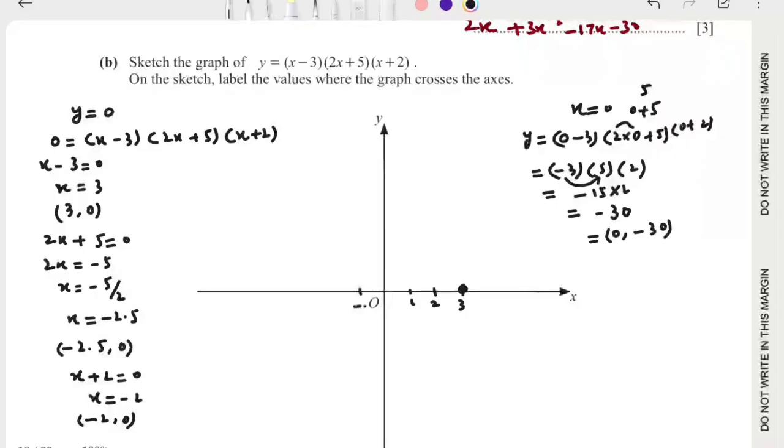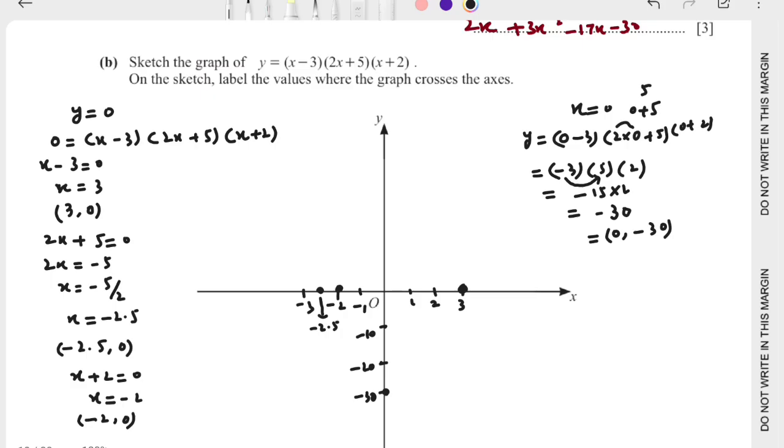This is −1, −2, −3. (−2, 0) would be here, and (−2.5, 0) would be here in between −3 and −2. And for −30 we can have −10, −20, and −30. So one coordinate would be here.